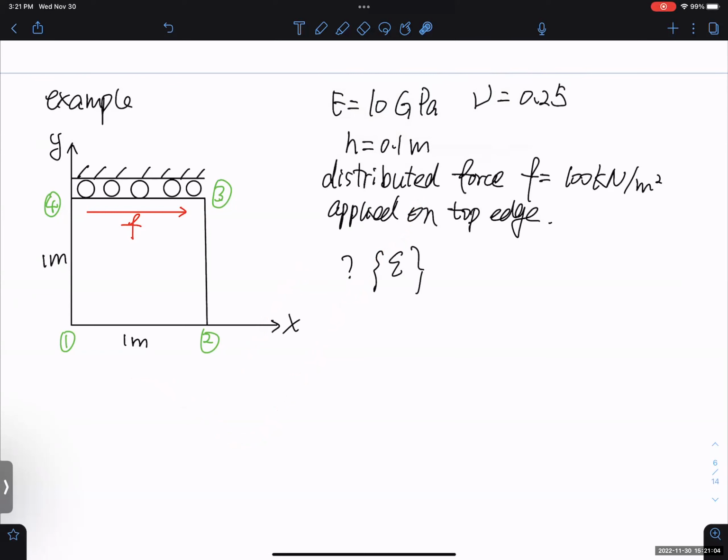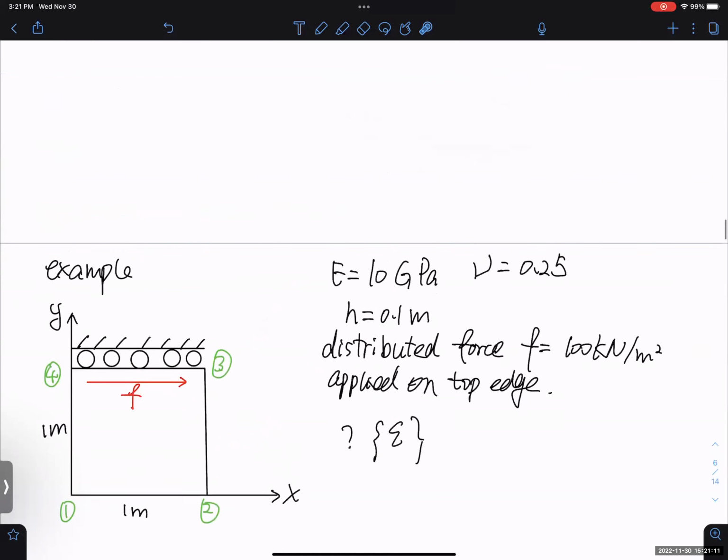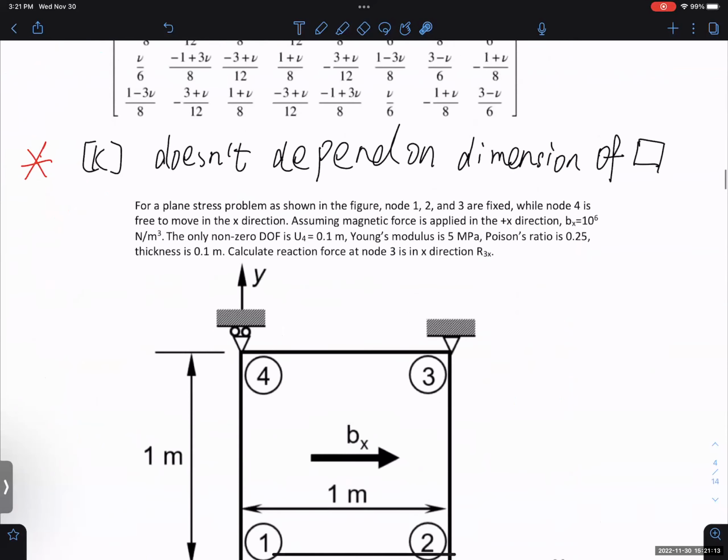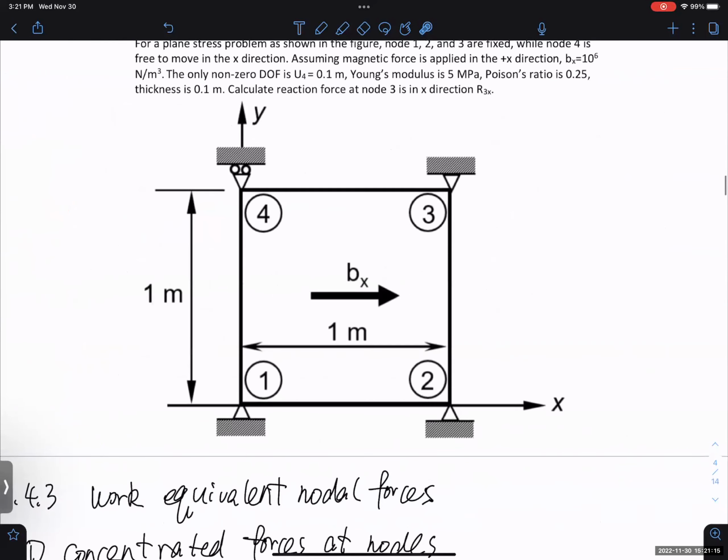So the question is, can you explain what a good explanation would be for the exam problem you just mentioned? What I expect to see is that you don't just answer, oh, it's distributed force, so it's approximation. You need to really compare.